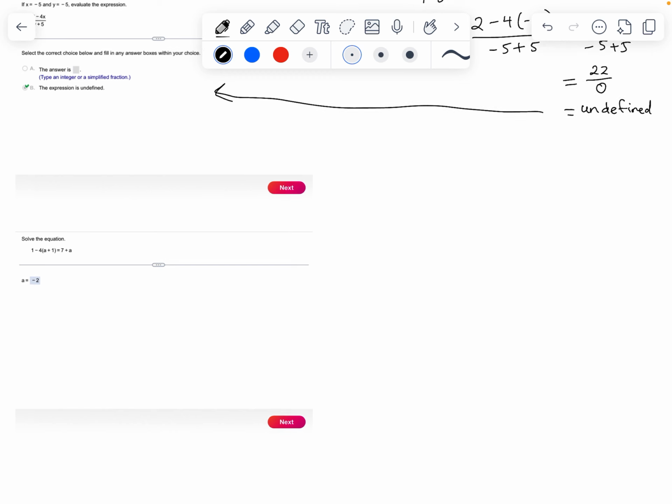Alright, solve the equation provided. So we have 1 minus 4 times a plus 1 equals 7 plus a. In other words, they're just telling you to solve for a. So, alright, I say first we do whatever is inside the parentheses.